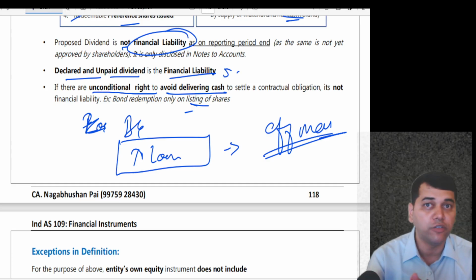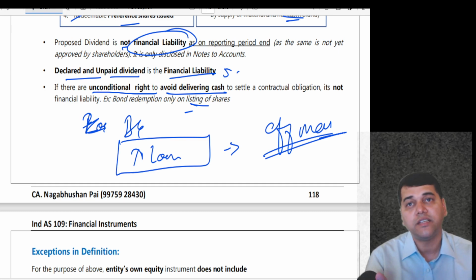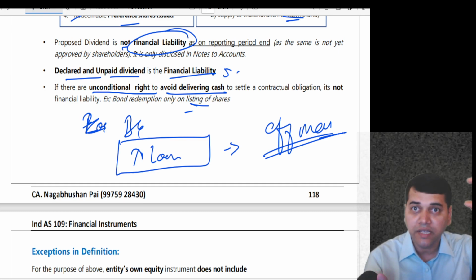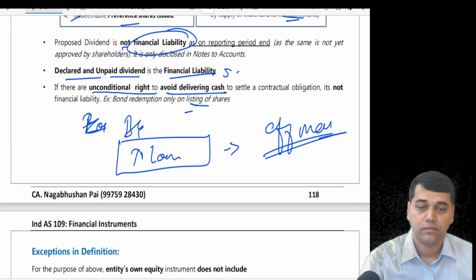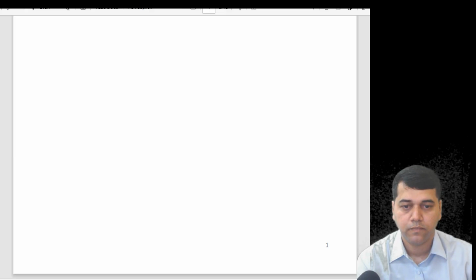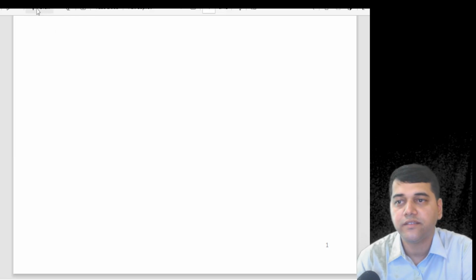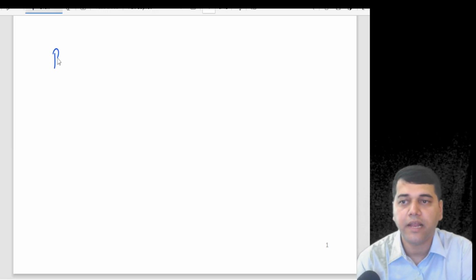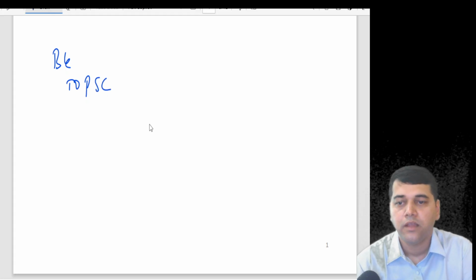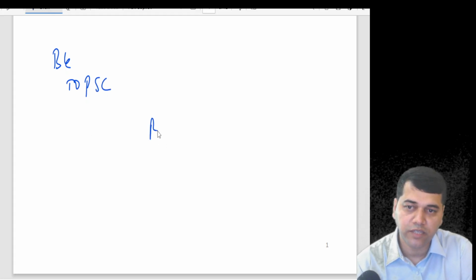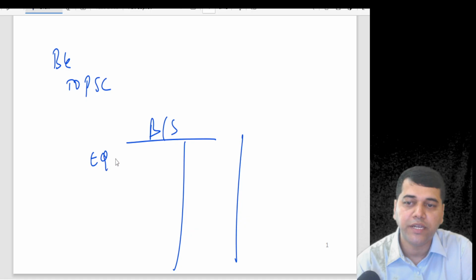I just showed you the Schedule 9 format. Schedule 9 format will start with the assets, and on the liability side, it will start with equity and liability. See, when I take this loan, equity share capital, I'll write the entry: bank account debit to preference share capital. Now, when I prepare a balance sheet, I start with the equity and liability.